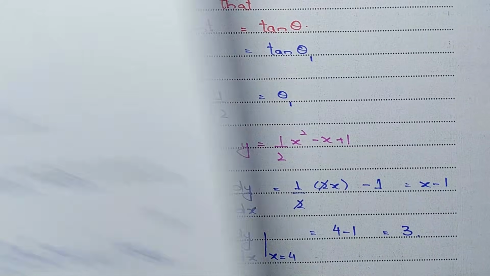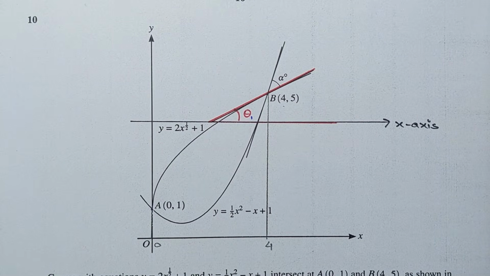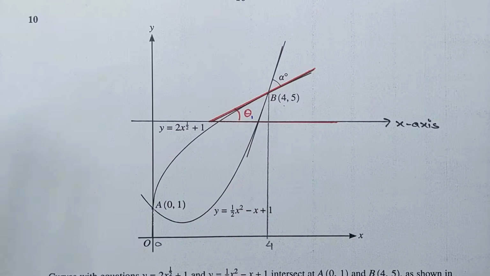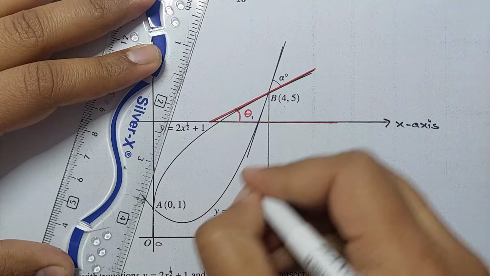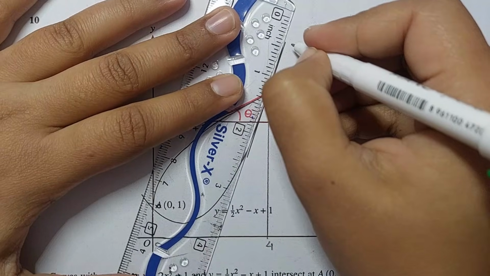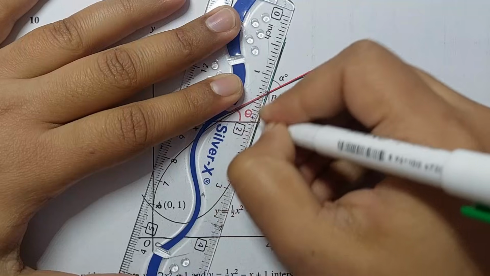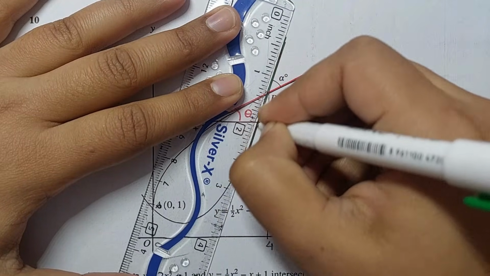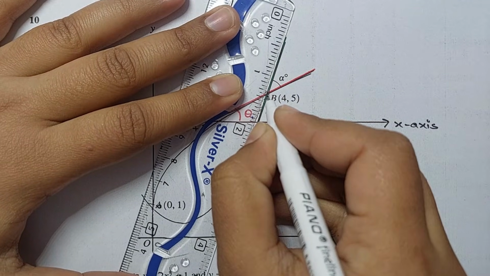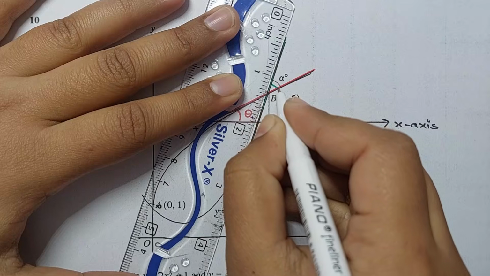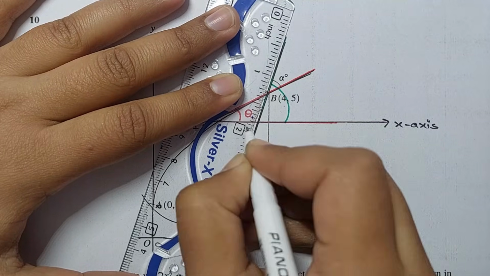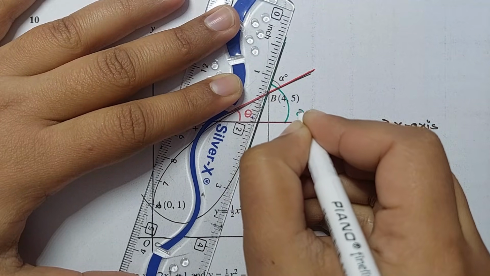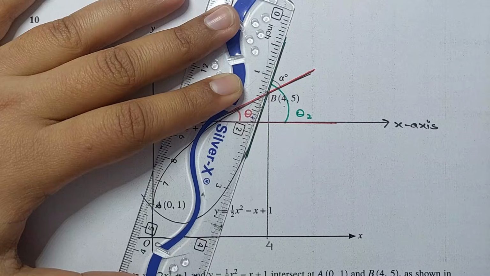Okay, so let me use the green color for this. Now this is the lower curve, and this is the tangent to the lower curve at point B, right? This tangent makes an angle with the positive x-axis, theta 2, you can say.